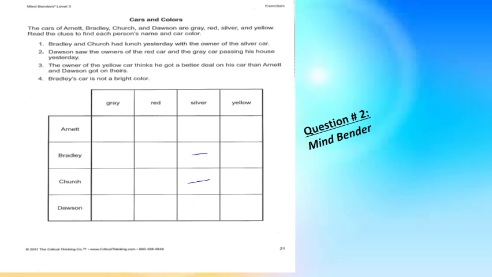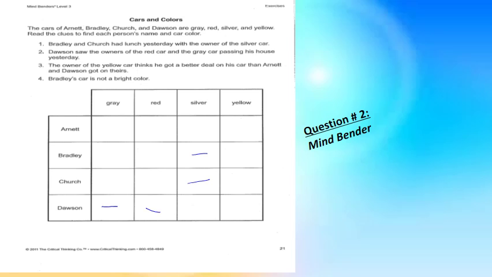Clue 2: Dawson saw the owners of the red car and the gray car passing his house yesterday. Dawson is not the owner of the red car, nor is he the owner of the gray car.